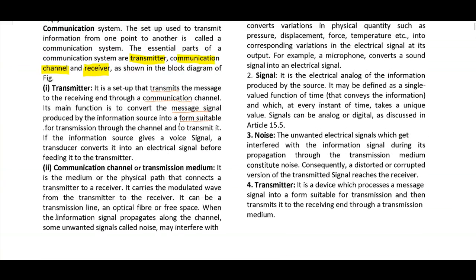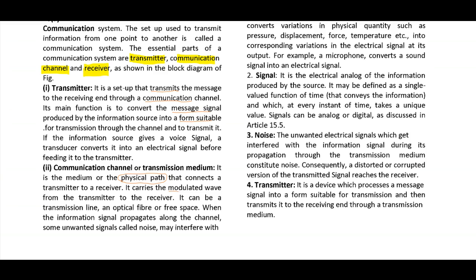And the next part is the communication channel or the transmission media. This is something very important. What is the communication channel or the medium? It is the physical path that has to be traversed between the transmitter and receiver. It carries a modulated wave.